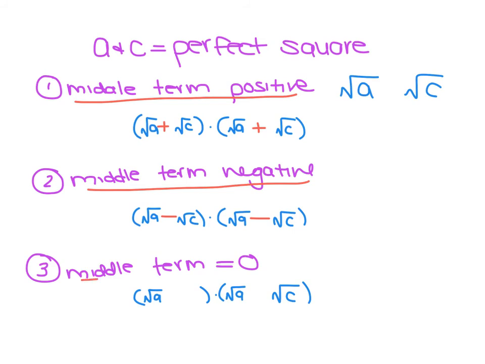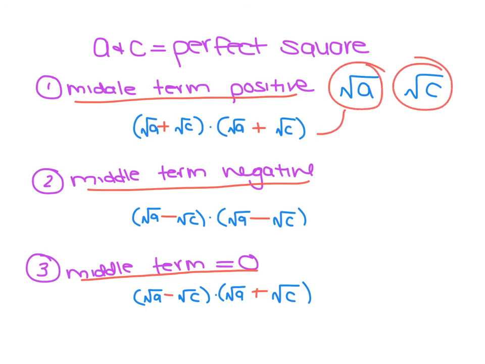And if you have a middle term that is equal to 0, you are going to have 1 of each. So that's really the only difference. If you see perfect squares for a and c, you can use this shortcut by square rooting each and putting them right into your parentheses, and then you just look at that middle term to determine: do you have 2 positive symbols, 2 negative symbols, or 1 of each.